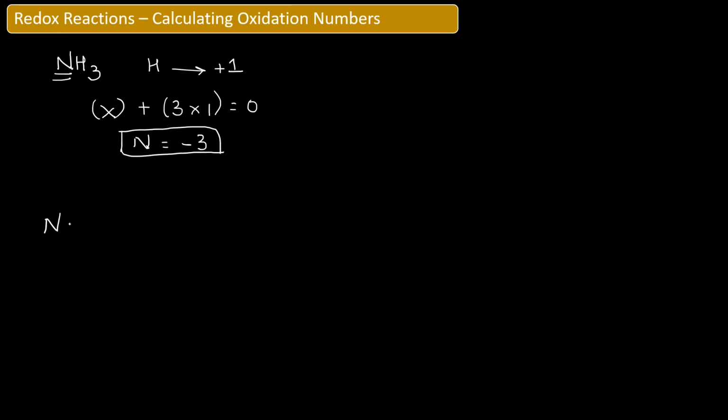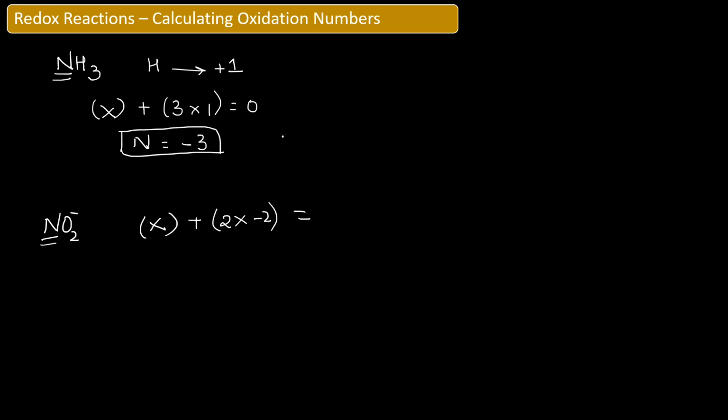Similarly, if we take an ion as an example, NO2 minus, and we need to find the oxidation state of nitrogen, let's call it X again. Oxygen is always -2, and we have 2 oxygen atoms, so it would be 2 into -2.